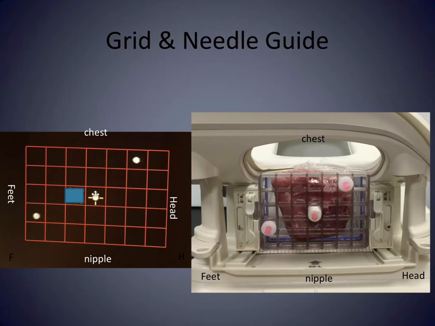In this particular case, we had determined the grid opening should be one space towards the patient's feet in the same line as the fixed fiducial, i.e., the space denoted by the blue rectangle, which is the same as what the computer has calculated for us previously.